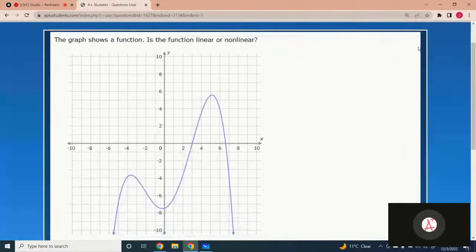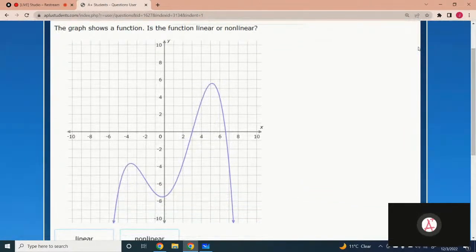Okay, the next one. This graph shows a function. Is that function linear or non-linear? You are given a graph, you have to see if it is linear or non-linear. It is the non-linear function. Got it?